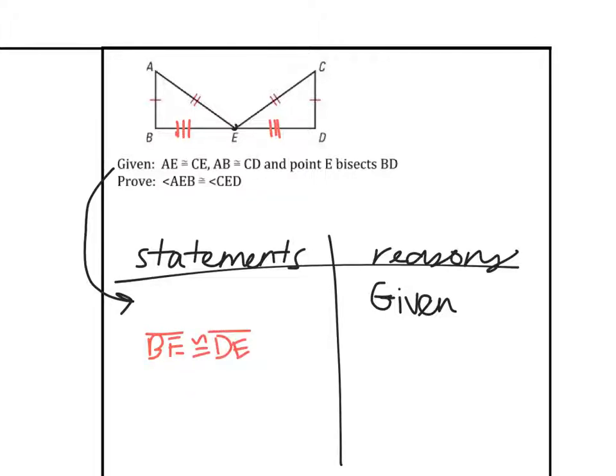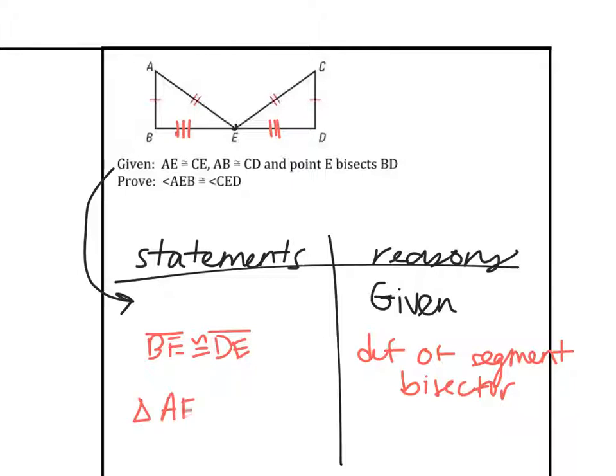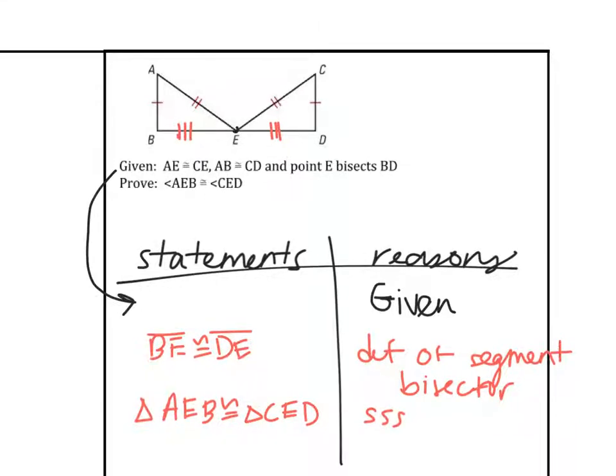And that is because of the definition of a segment bisector. Okay, so now we can say that the two triangles are congruent. Triangle AEB is congruent to triangle CED, and that's because of side, side, side.